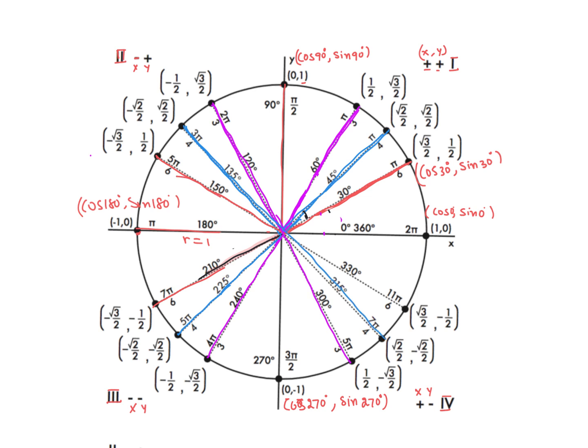The matter is only that this part right here, 45, is the same for everything. 45 is going to be square root 2 over 2. All 45s are exactly the same, only their signs are going to be different according to their quadrant.